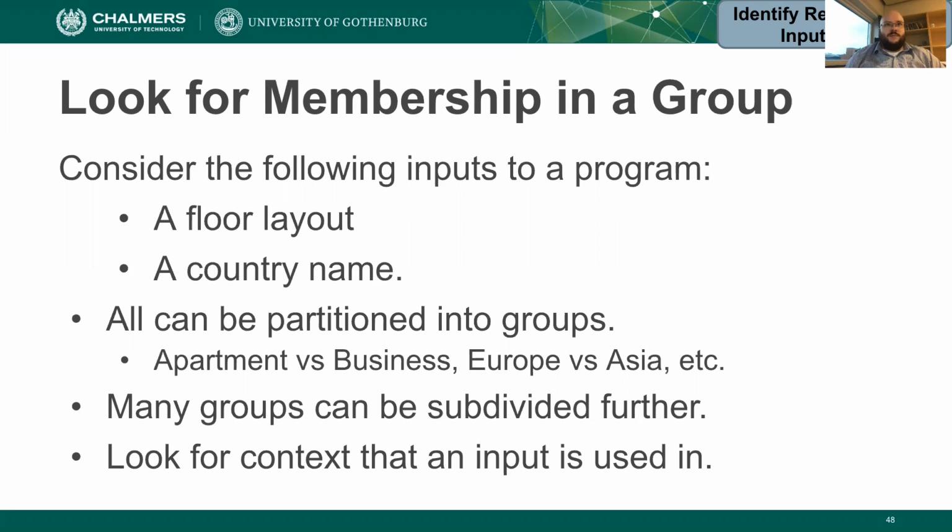And those are things that can be broken down into logical groupings. Maybe you're looking at different real estate layouts, and so you have an apartment versus a business. Those are different floor layouts you could try breaking down into. Country names, maybe regional, you have different regional expectations. So one's for Europe, one's for Asia, one's for South America, and so on.